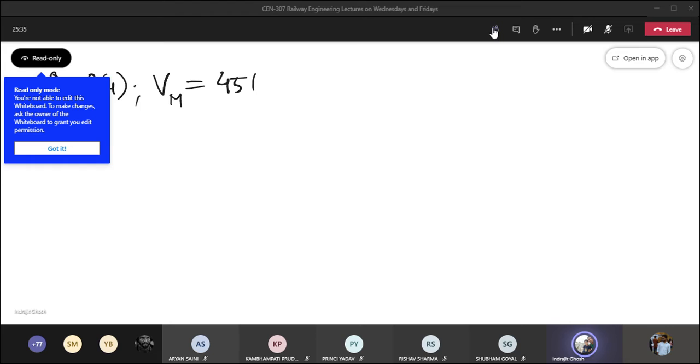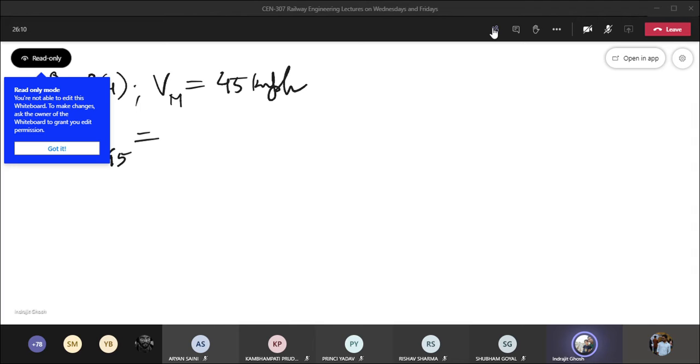Whenever you have a speed value given, and you have some degree of curvature given, as soon as we know that this is a problem related to geometric design, we are prompted to come up with the value of super elevation. So we are going to come up with the cant value for which the speed is 45 km/h. How much will it be?